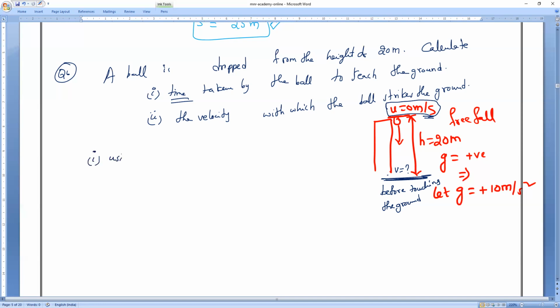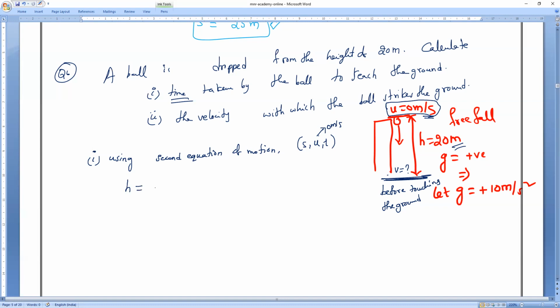Use the second equation. It is freely falling.